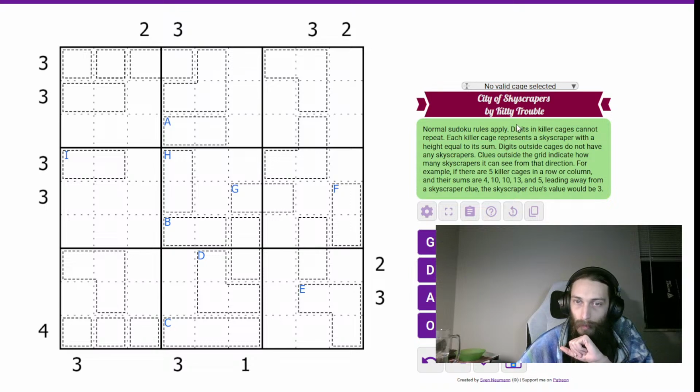Normal Sudoku rules apply. Digits in killer cages cannot repeat. Each killer cage represents a skyscraper with a height equal to its sum. Digits outside the cages do not have any skyscrapers. Those outside the grid indicate how many skyscrapers it can see, but we can have repeats: 4, 10, 10, 13, and 5. The sums can repeat.